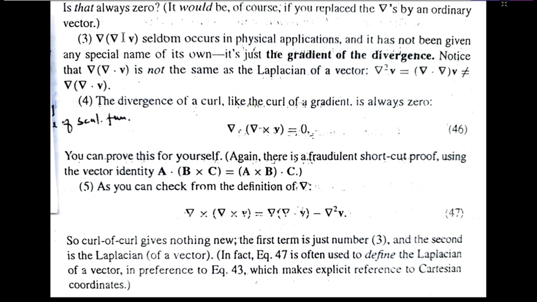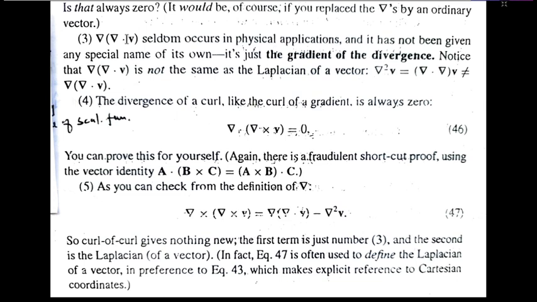If I take the divergence of any vectorial variation, the outcome will always be a scalar, and if it's a scalar quantity, then naturally you can go with the gradient of it.